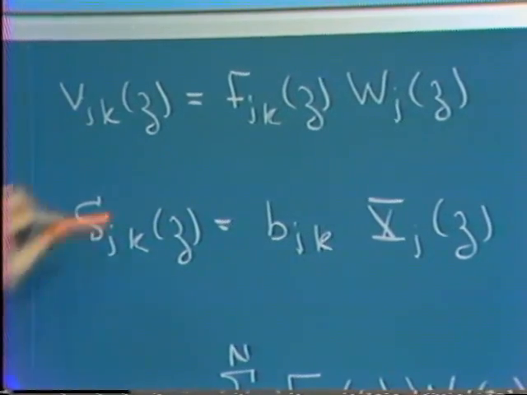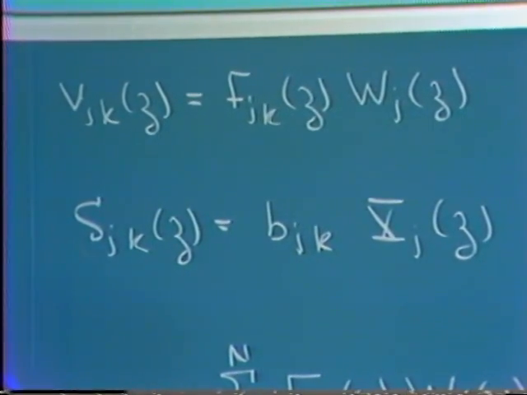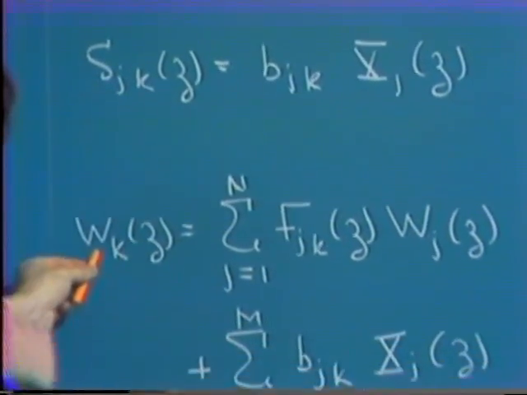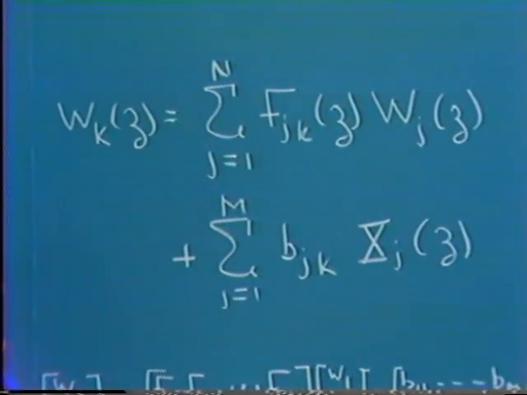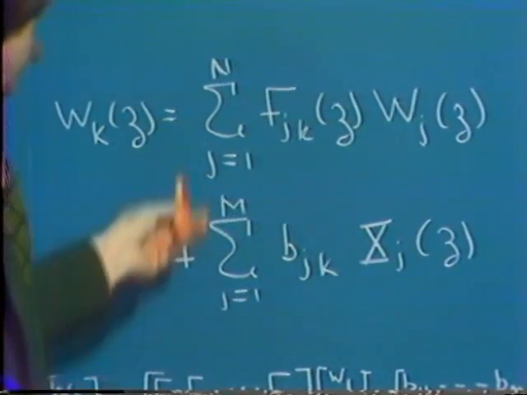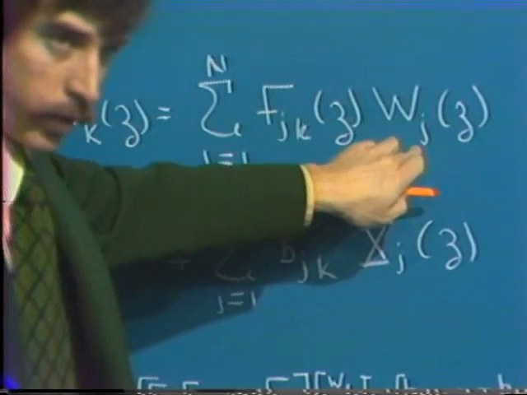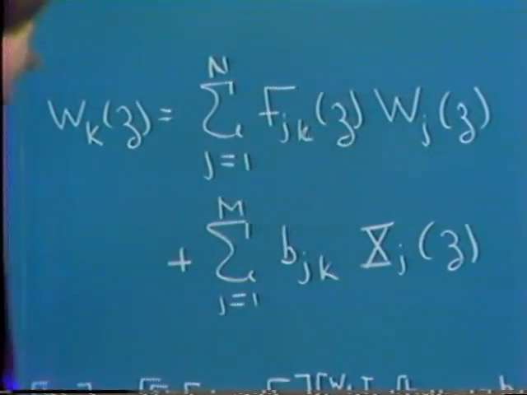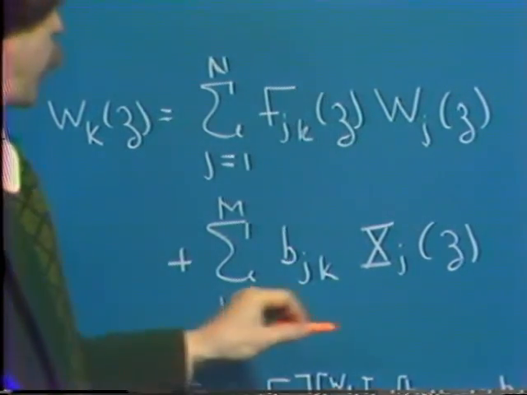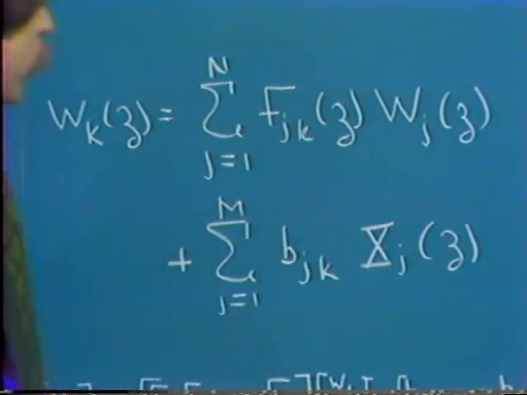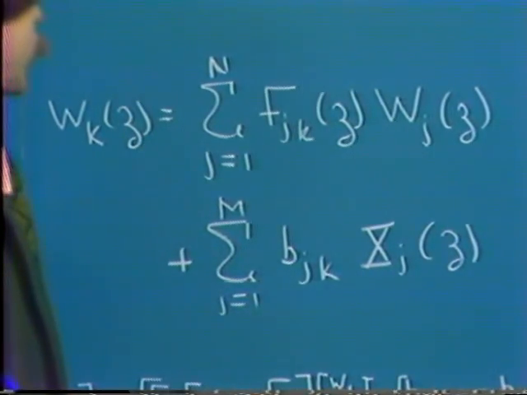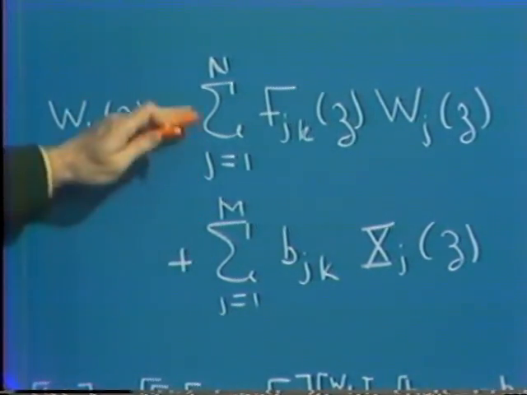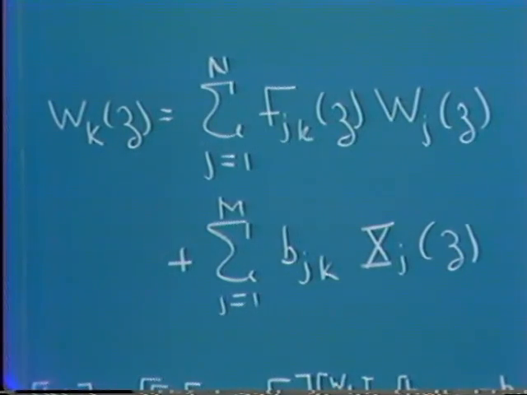Well, if we substitute these two equations into the previous equation, which defined what the node values are, we end up with a statement that says that the node variables are equal to a linear combination of the node variables, the linear combination specified by the branch transmittances, plus a linear combination of the source node values. And this then is a set of linear equations that, in essence, defines the digital network.